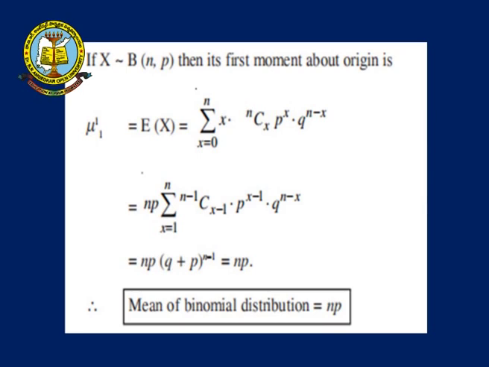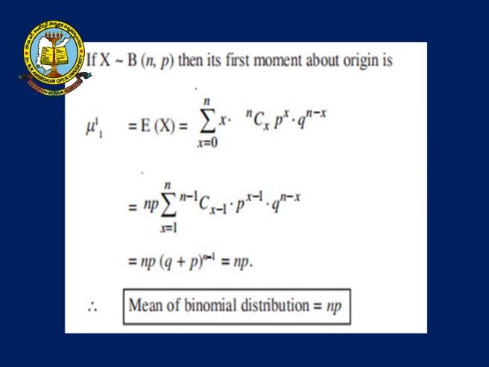This is the probability mass function of the binomial distribution. Now we can expand this nCx, decreasing one term. In that case np is a constant term, taken outside, summing over x starting from 1 to n of (n-1)C(x-1) p^(x-1) into q^(n-x).